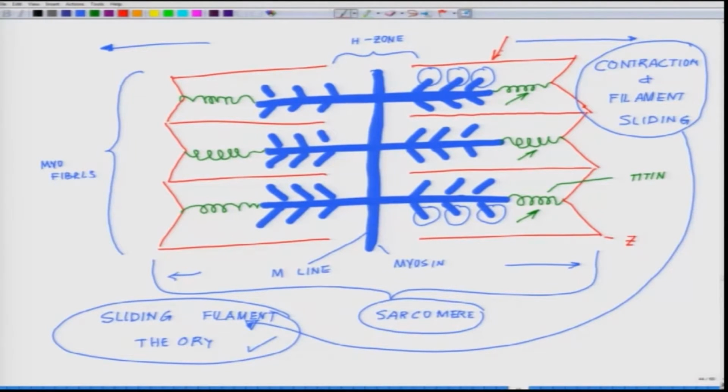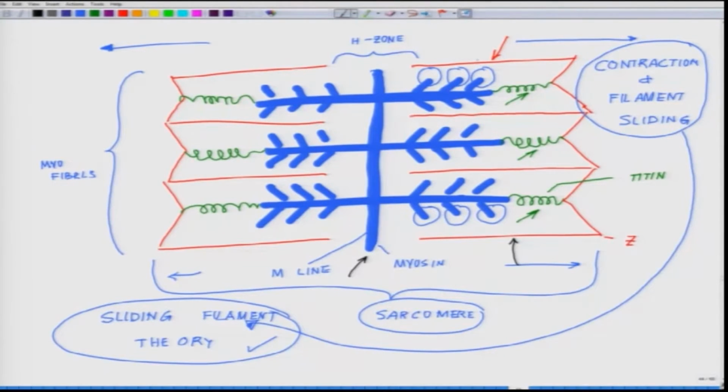So, let us start this class with a small recap of the organization of muscle, and after that we will come back to the molecular details of these individual structures.